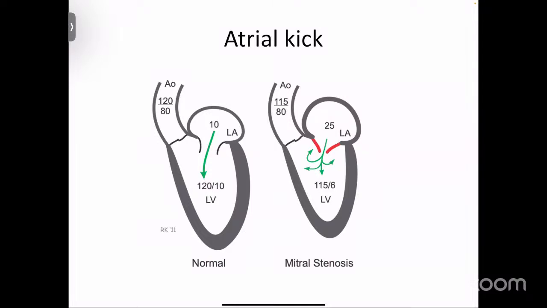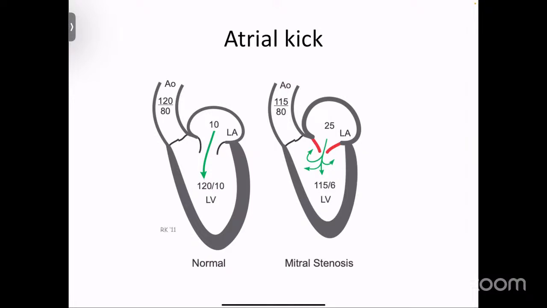As we know, the left ventricle gets filled with blood during early ventricular diastole, leaving only a small amount of blood that remains in the left atrium. And with the contraction of the left atrium, or the atrial kick, during late ventricular diastole, this small amount of blood fills up the left ventricle.